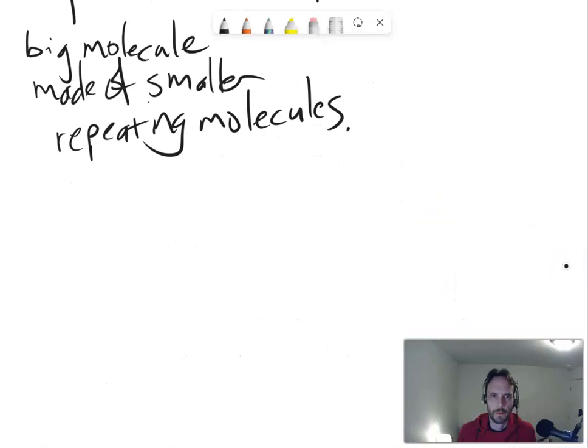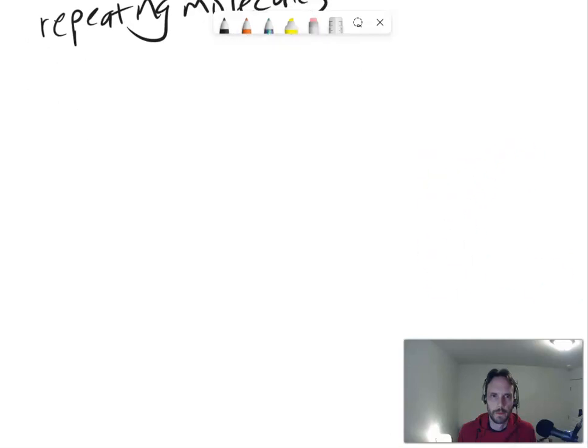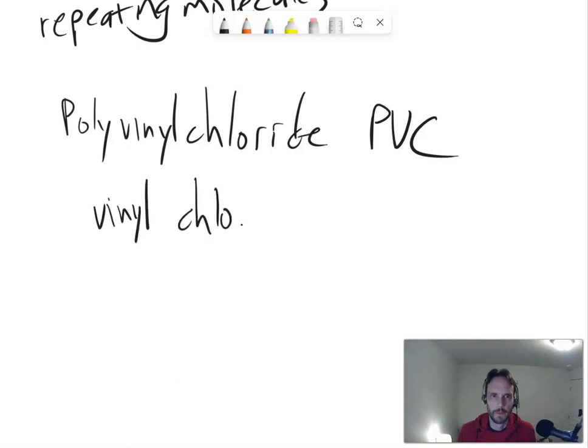One polymer that you might be aware of is polyvinyl chloride, or PVC. We make pipes out of it. This is a giant molecule made by connecting vinyl chloride molecules together.